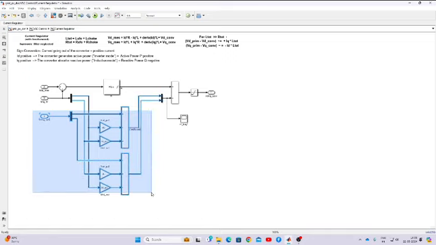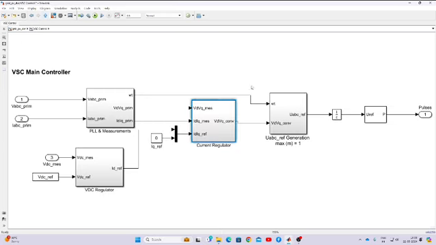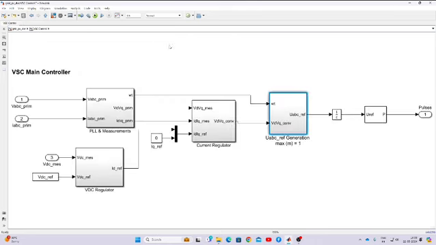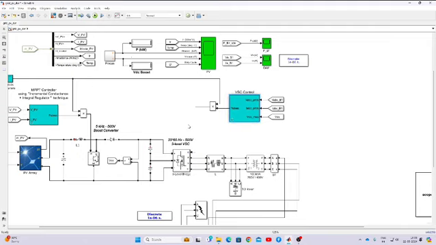This is the feed forward decoupling control, and finally here we will get a control voltage. Next the control voltage is converted into ABC form and processed via the pulse generator. This pulse generator's pulses are going to control this inverter. After the inverter we have the filter and the transformer.